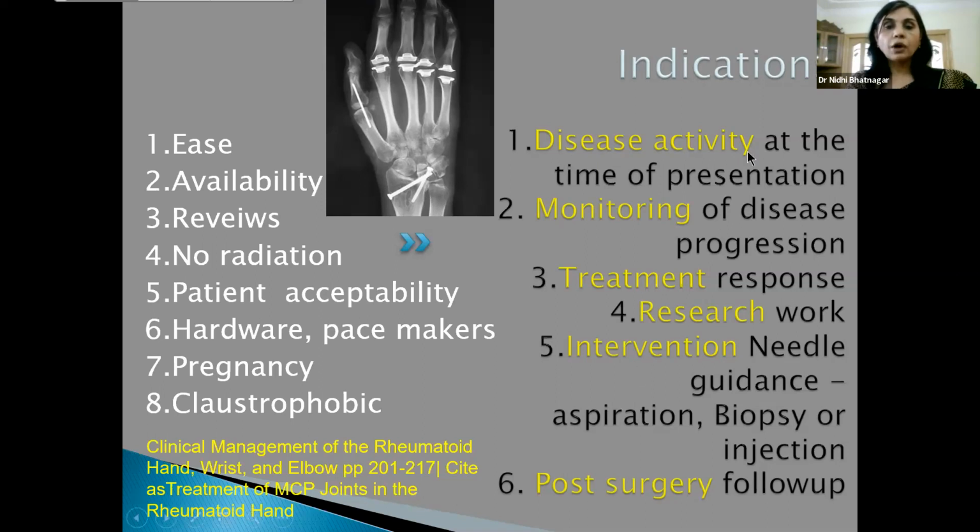At the time of the presentation, in quicker, faster staging of the disease, and during the course of the treatment, in the monitoring of the disease status through multiple reviews that are not too heavy on the patient's purse and pocket. Unfortunately, that's what MRI lands up into.